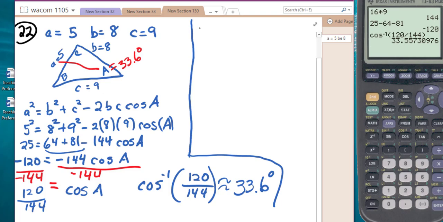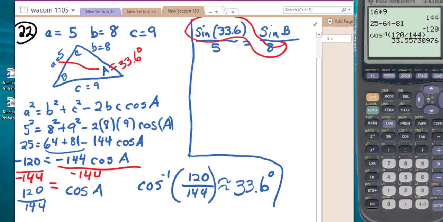So we have sine of 33.6 over 5 equals sine of B over 8.